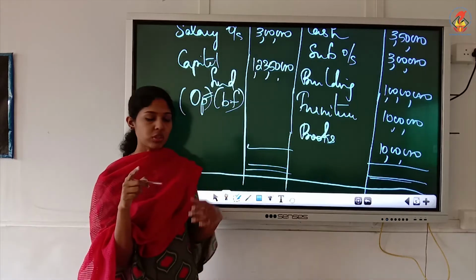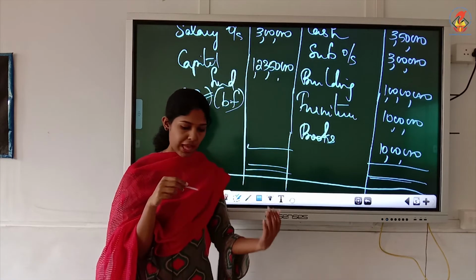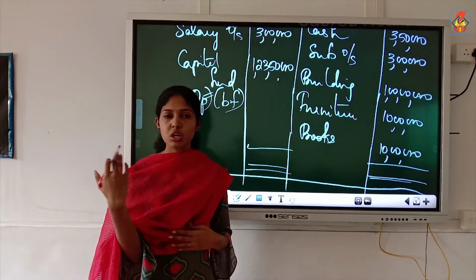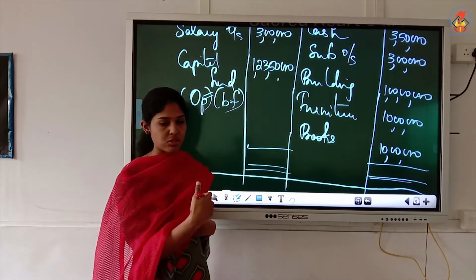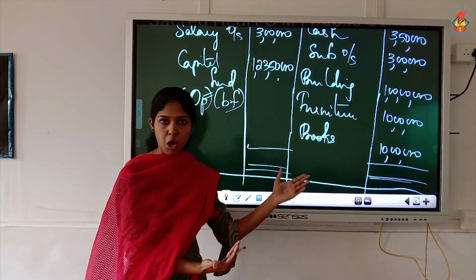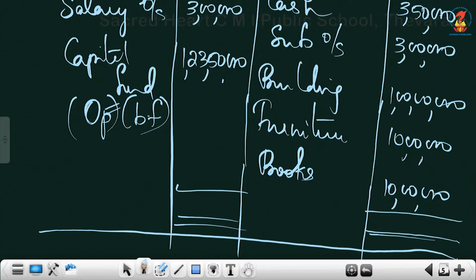In your textbook, they have done the closing balance sheet, and as a working note, they did the opening. See, only after you finish your opening, you can do the closing balance sheet. So, you do not have to do it like a working note. You first prepare the opening, then do the closing balance sheet.